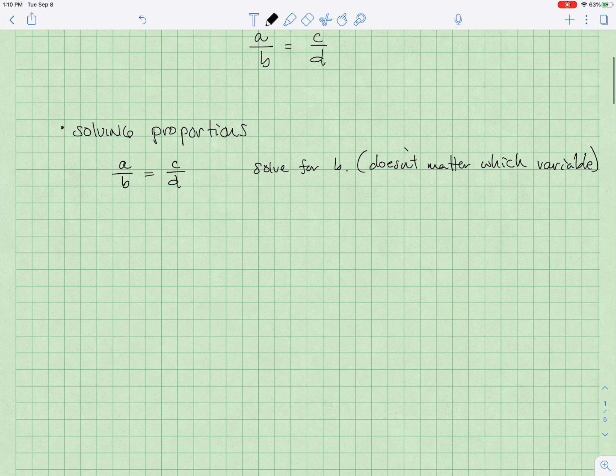What we're going to do here is first note that this is a rational equation. And we just spent some time in Chapter 7 learning how to solve a rational equation. So the first thing that you might do here is multiply through by the LCD, which in this case is B times D.